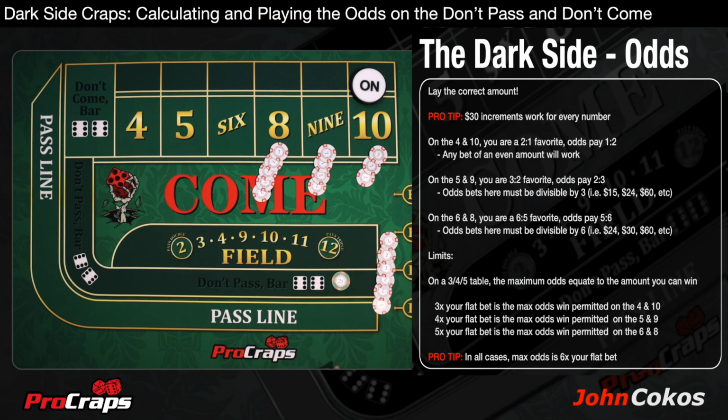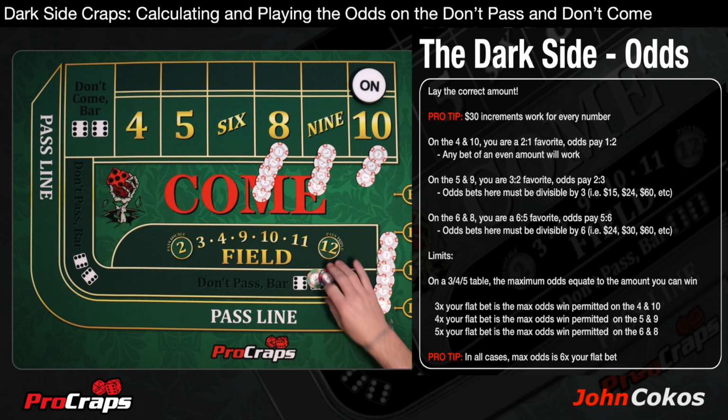So as you're calculating through things, with the 6 and the 8 and the 5 and the 9, like the 6 and the 8, for example, 30 on a 6 or 8 pays 25. This is a bet that you would bridge, and they would know that both bets pay 25. So when you see somebody bridging an odds bet, the dealers will do this for you. If you actually put this out like that, they'll grab your money and bridge it up for you. And you'll start being trained by them as you go to do that.